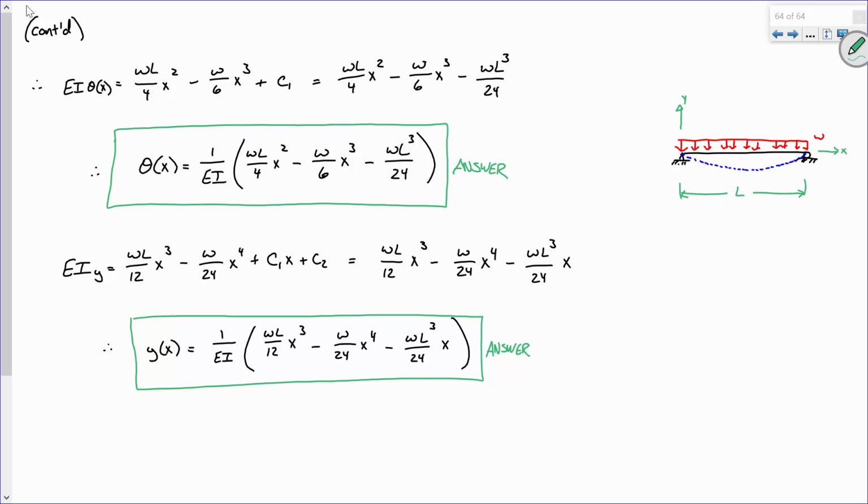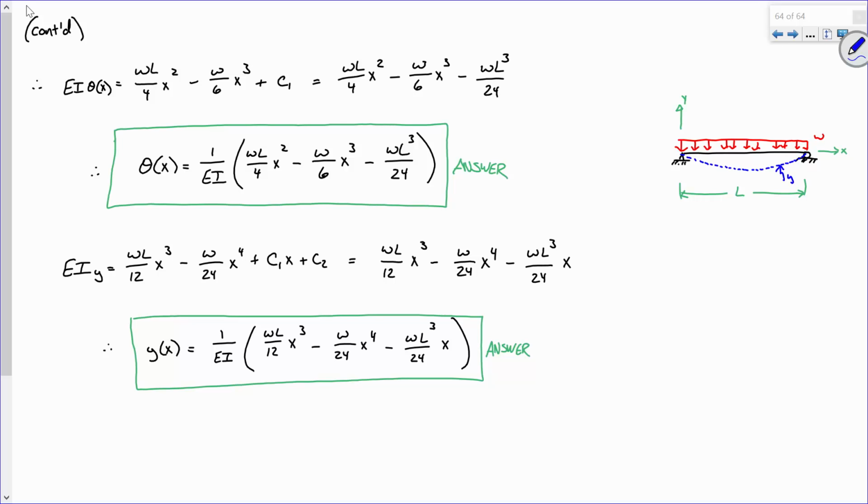Now, let's break out that calculus knowledge a little bit. What should that equal at L over 2? 0. Okay. This is the deflection.